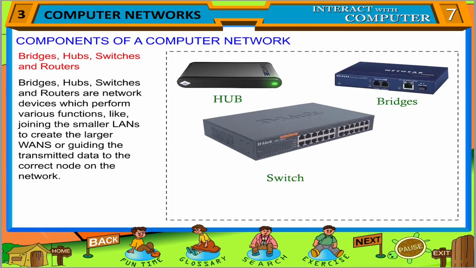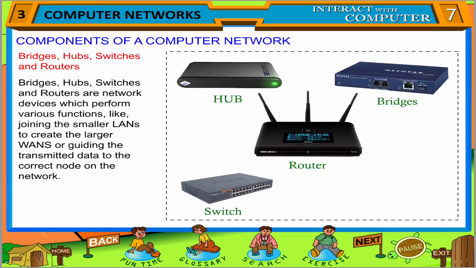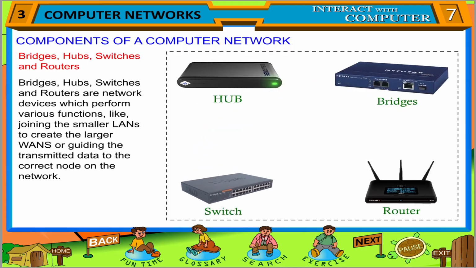Bridges, hubs, switches and routers are network devices which perform various functions like joining the smaller LANs to create the larger WANs or guiding the transmitted data to the correct node on the network.